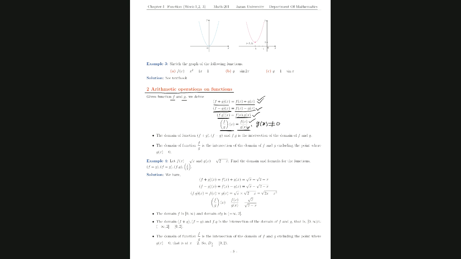Okay. Now find the domain. The important point is how to find the domain. Domain of f plus g, domain of f minus g, and domain of f times g. So how to find the domain?